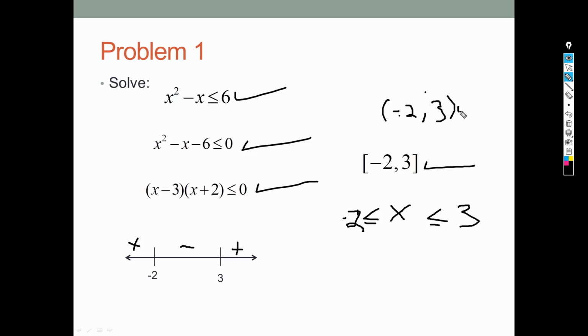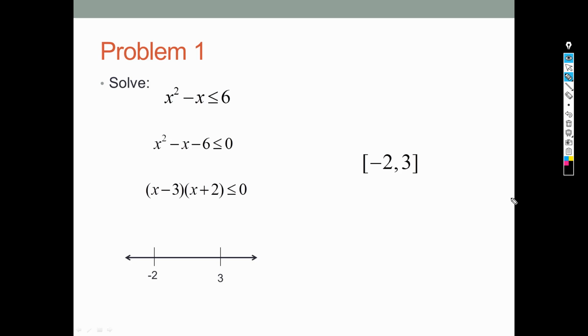This would be the answer if I didn't have the equals here, if it was just strictly less than, because then when I plug in a negative 2 or a 3 for the x, I would get a 6, and 6 is equal to 6. I want it to be less than 6. Okay, so that's your solution.